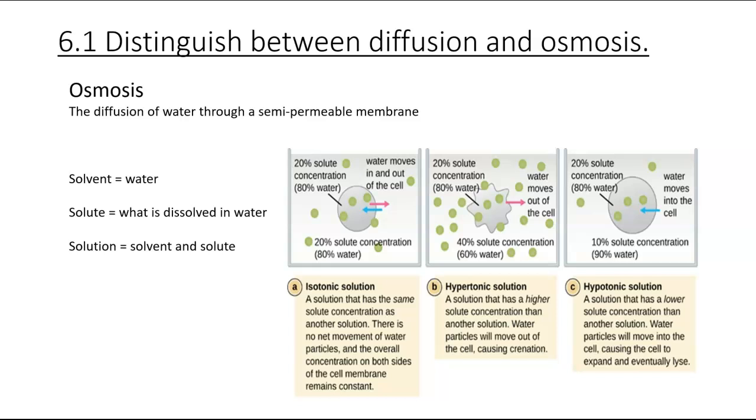And that can kill cells. So when we put a cell in a solution that has a relatively low amount of solute, that makes it a hypotonic solution. Hypo means low amount of solute, and that's going to cause the cell to expand and eventually lyse, which means burst.